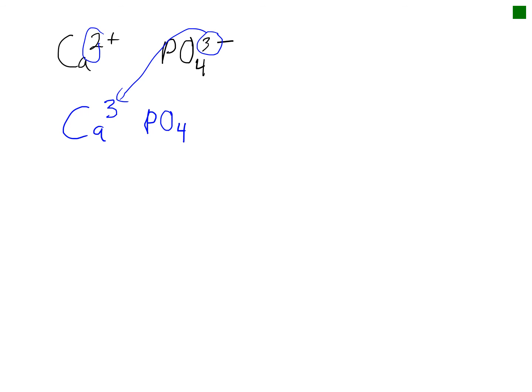And if we switch the one from the 2, we put this over here, again not leaving your charges. Then if we go to the drop, Ca, if we drop that 3 down, we get Ca3. Now here's a good example where you're going to have multiple PO4s. So when you write your PO4, to distinguish that we have 2 of those whole phosphates, we have the 2 with these parentheses. We have to have the parentheses to denote that there's 2 polyatomic phosphate ions, and we can't just leave it as one there.